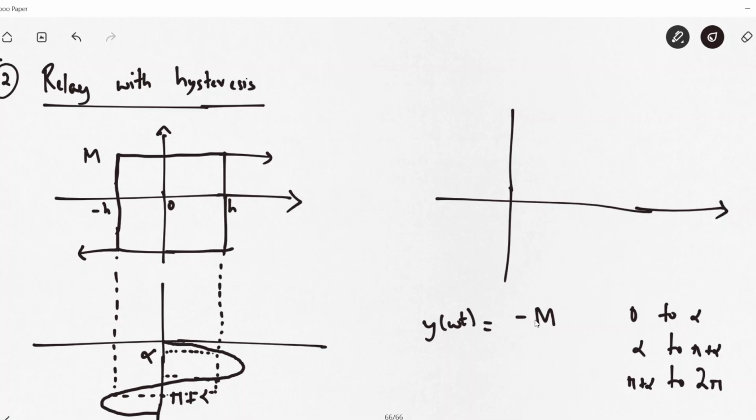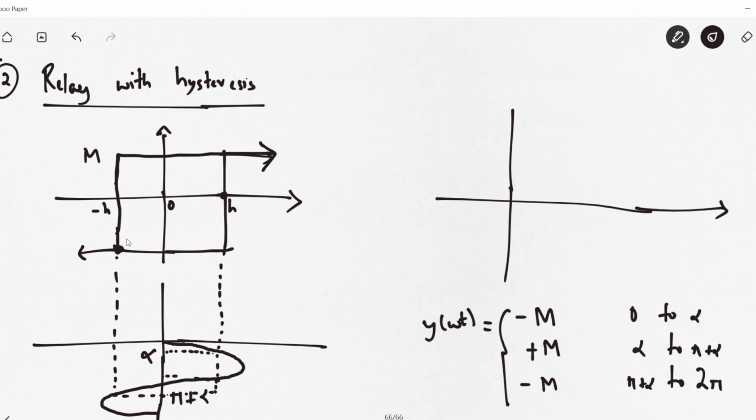From alpha to pi plus alpha, beyond this region on this curve, the non-linearity is working as a relay, and for a relay we saw that the output will be equal to plus m, and this will continue till pi plus alpha. Beyond pi plus alpha, this will again become equal to minus m.